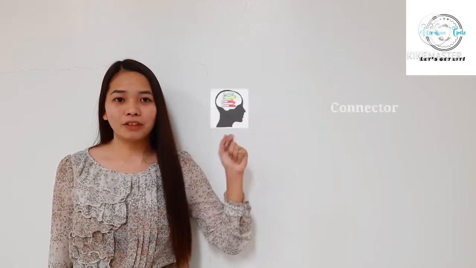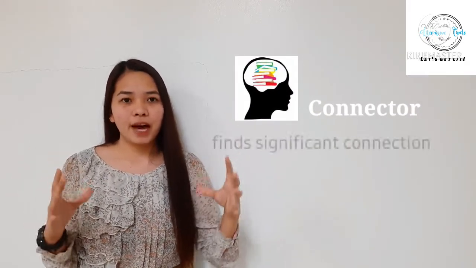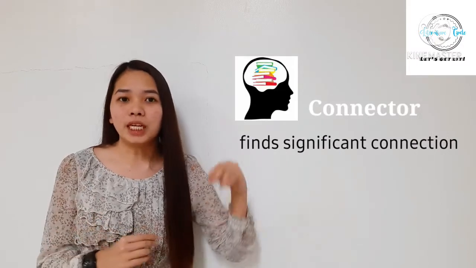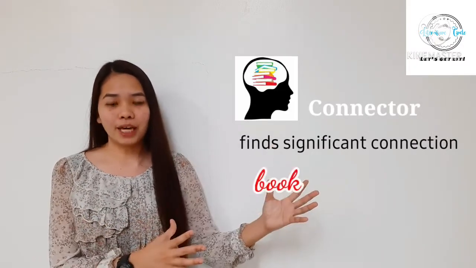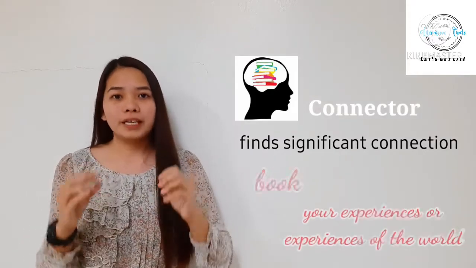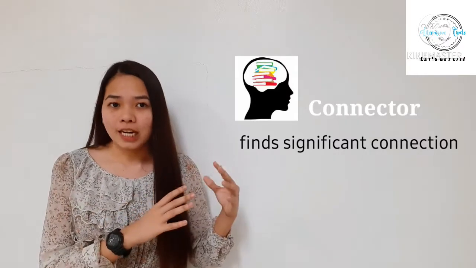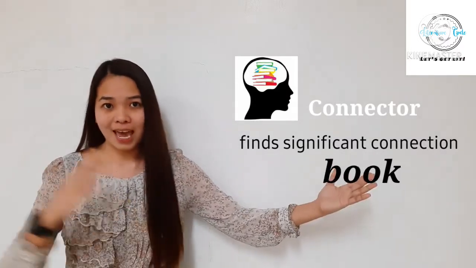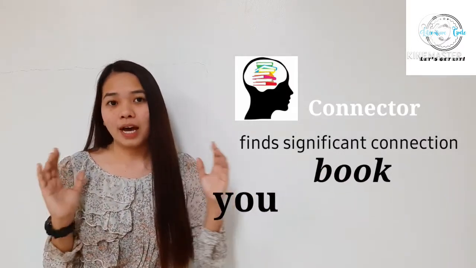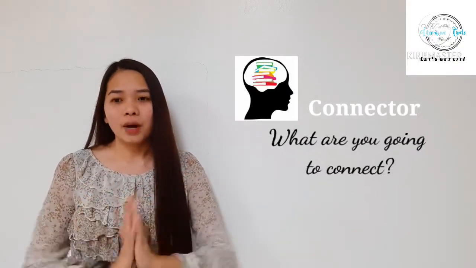Next up, we have the connector. Connector, your job is to find a significant connection between the book or the chapter that we have read and your experiences, or the experiences of the world. You'll be finding connections between the book and you. That's why the job title is connector. You have to connect. Now, what are you going to connect?